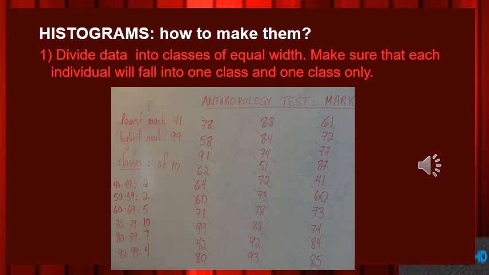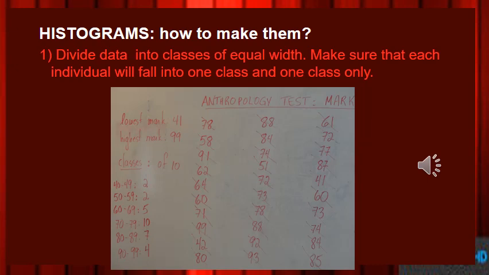So I decide here I will have classes of 10. So each of my bars will represent an interval of 10 marks. I will define my classes of 10.